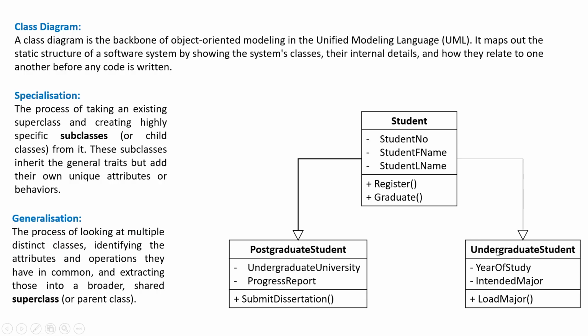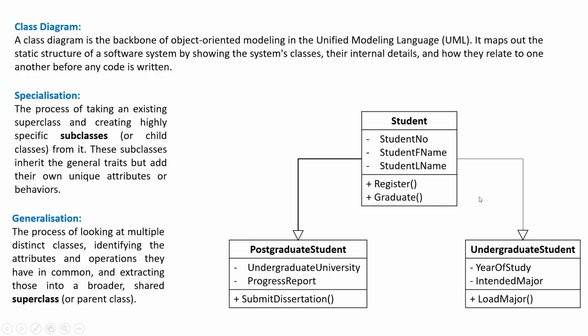Then for an undergrad student, the properties will differ a bit, because we don't want to know the undergrad university, since they have not completed their undergraduate studies yet. So, for example, the properties for an undergrad student are the year of study and the intended major, such as computer science. And the functionality for this undergraduate student might be, for example, to load the major.